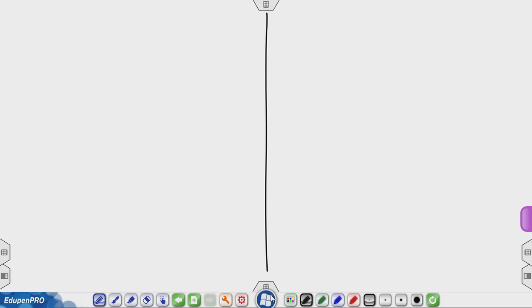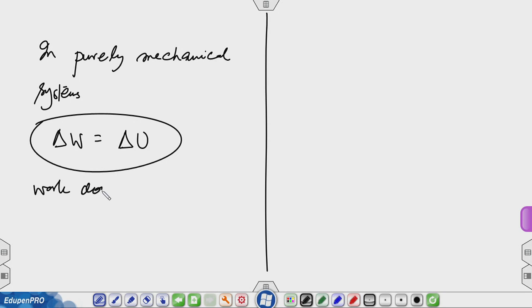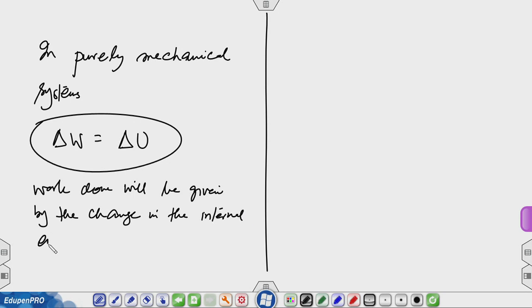In purely mechanical systems, the work done will be equal to delta U, so work done will be given by the change in the internal energy of the system.